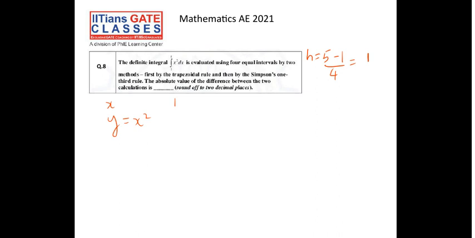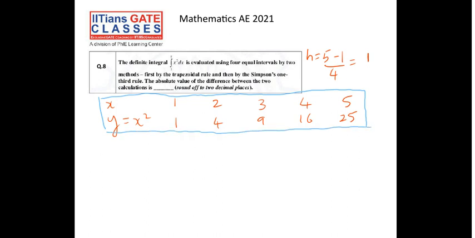So the y value is x square. We start from x equal to 1, then 2, 3, 4, and 5. Then the y values of y equal to x square are 1, 4, 9, 16, 25. Just put this in a table.